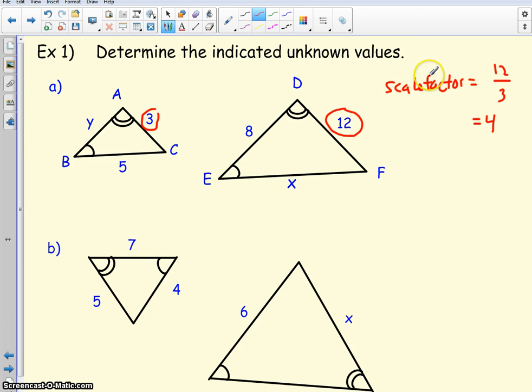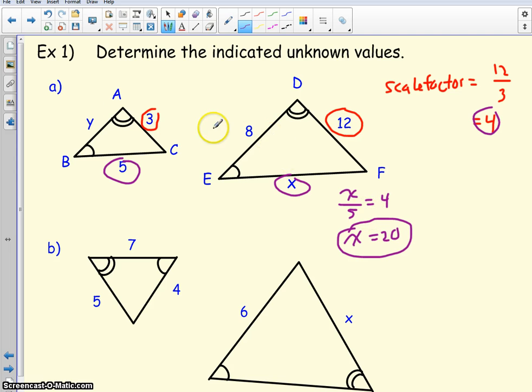That relationship will be the same for every pair of corresponding sides. So if I look at these two sides, x and 5, the ratio between x and 5 will be the same as our scale factor of 4. You can use that to write an equation: x over 5 is equal to 4. We can solve that by multiplying both sides by 5 to get a side length of 20.